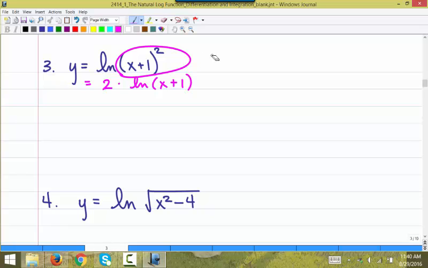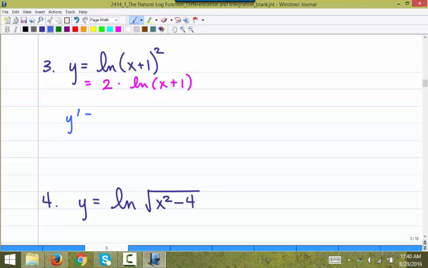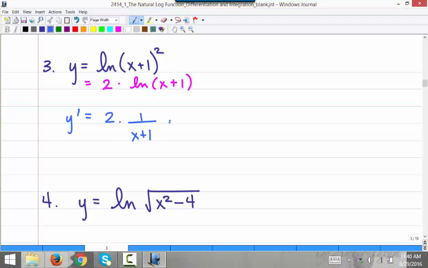That gets messy. Try to avoid that stuff. Move the 2 out front first. All right, now what's the derivative? 2 times derivative of ln x plus 1 is 1 over x plus 1 times 1. So I would probably clean it up and say 2 over x plus 1.